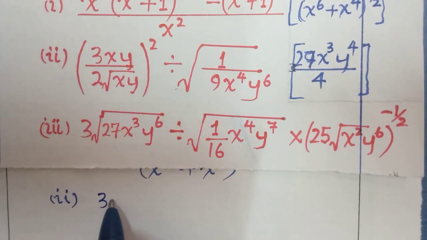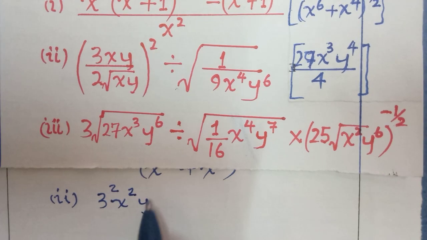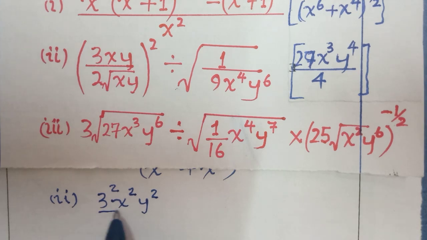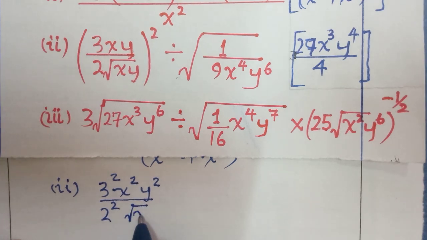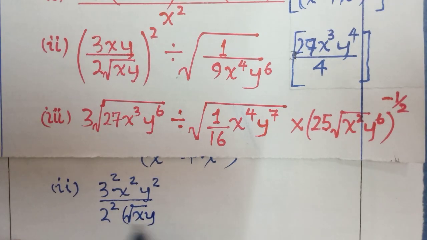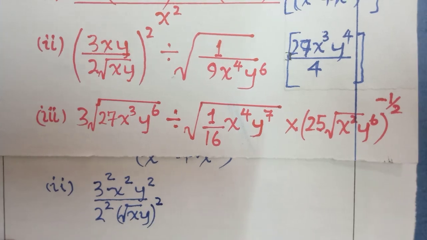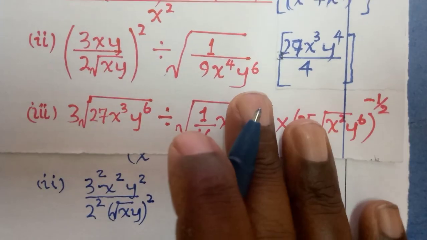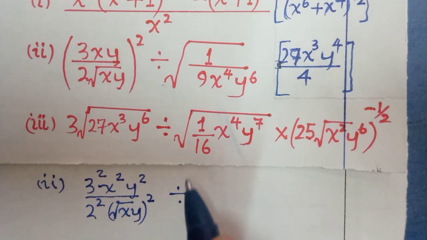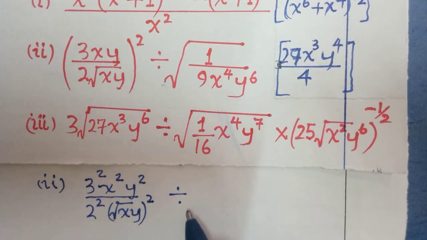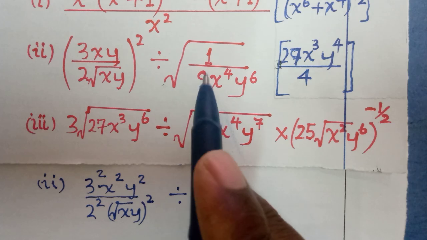So this one will be 3 squared x squared y squared all over 2 squared. Then you square this xy, you square that, divided by square root of 1 over that.